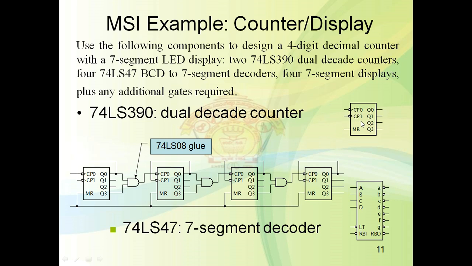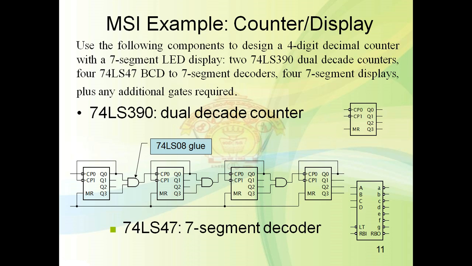Clock pulse 0 is an active low signal. Another input is master reset. It sets the counter to 0000 when MR is equal to 1.